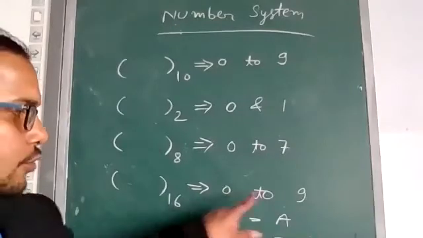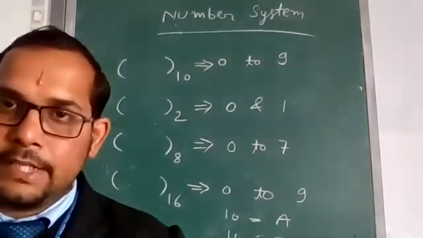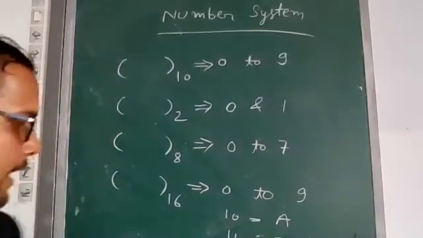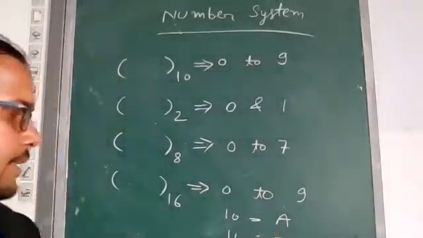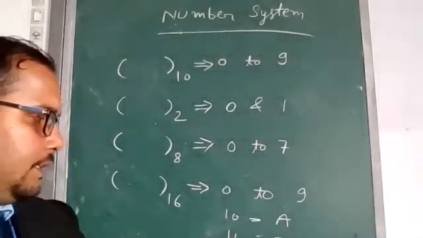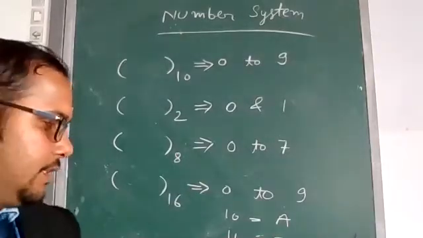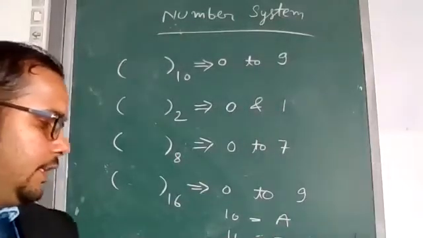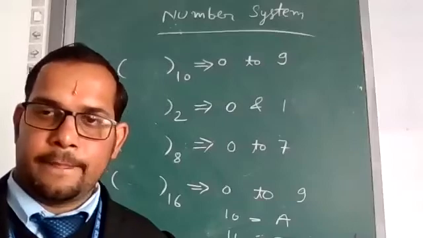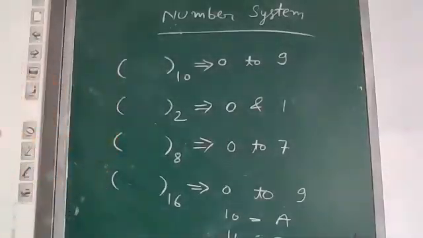The first 0 to 9 are represented as they are, then 10 by A, 11 by B, 12 C, 13 D, 14 E and 15 F. In this manner you can represent your numbers.